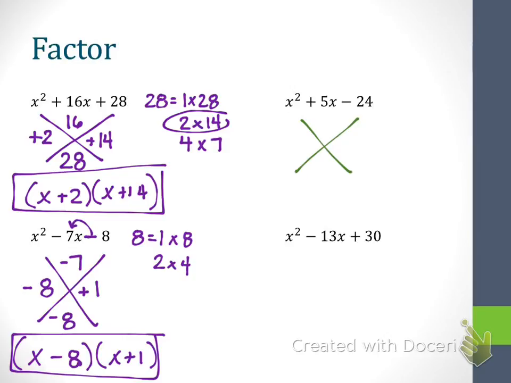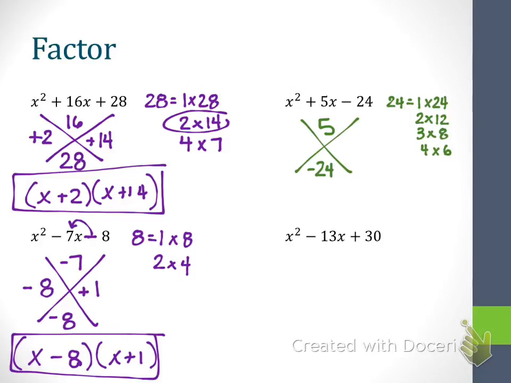Make my x positive 5, negative 24. So I list the factors of 24. 1 times 24, 2 times 12, 3 times 8, 4 times 6. That's it. Okay. Which ones add or subtract?